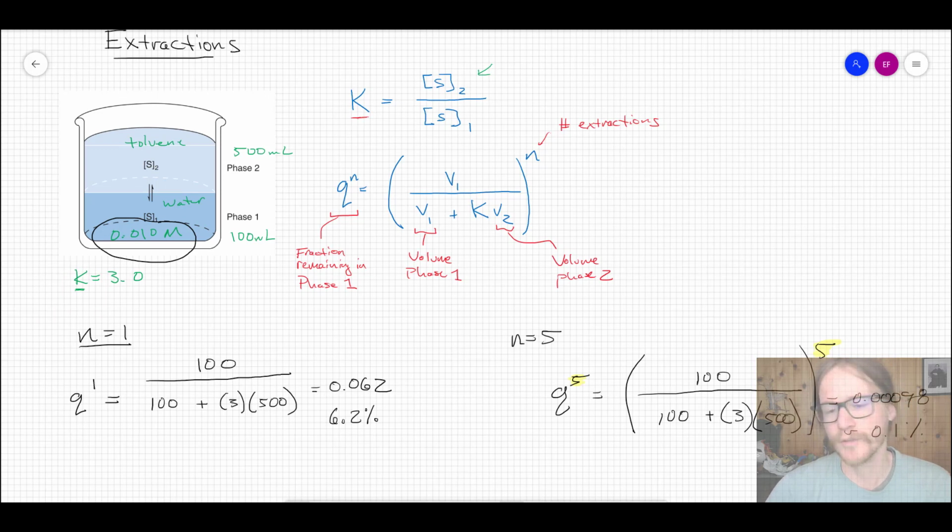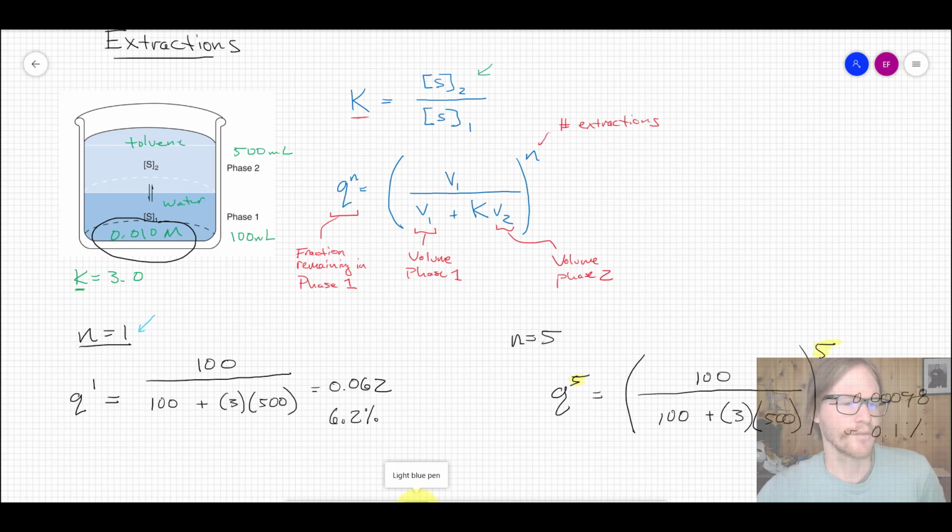Okay, so now let's assume you do this extraction 5 times, which means after the very first extraction, which we did here, you would drain off that toluene layer, put a fresh one on, and then extract what remains in the water, and you do that 4 more times. And so same expression, except now we're raising this whole expression to the power of 5, which gives you a value of less than 0.1% as we extract this 5 times.